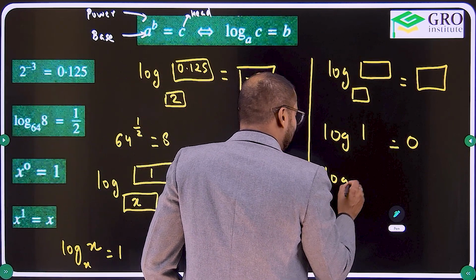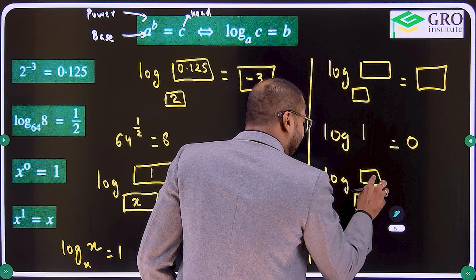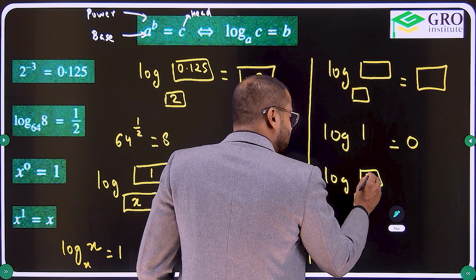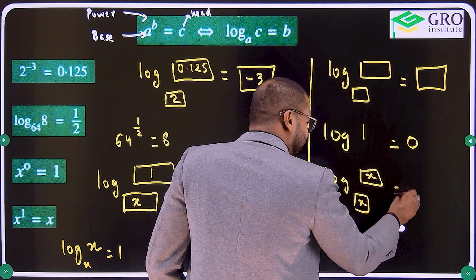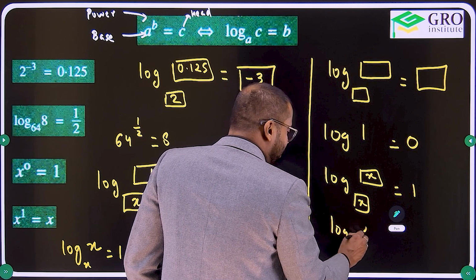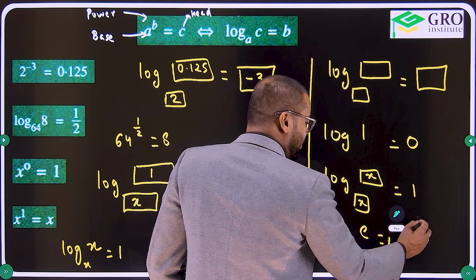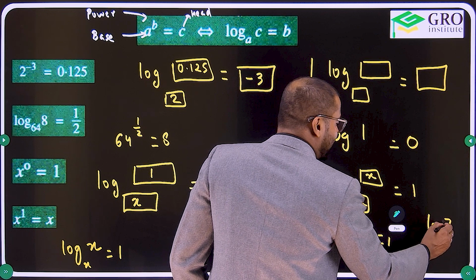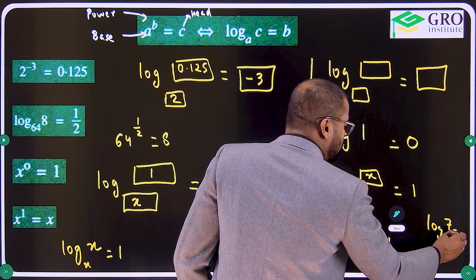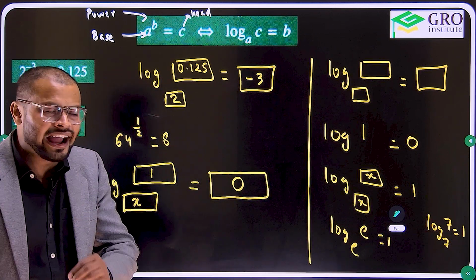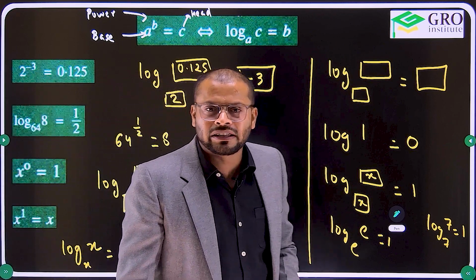And whenever you have head and base the same, suppose this is x, again it is 1. Suppose it is log e with base e, again it is 1. Suppose it is log 7 with base 7, it is equal to 1. Whenever you have head and base the same, answer remains 1.